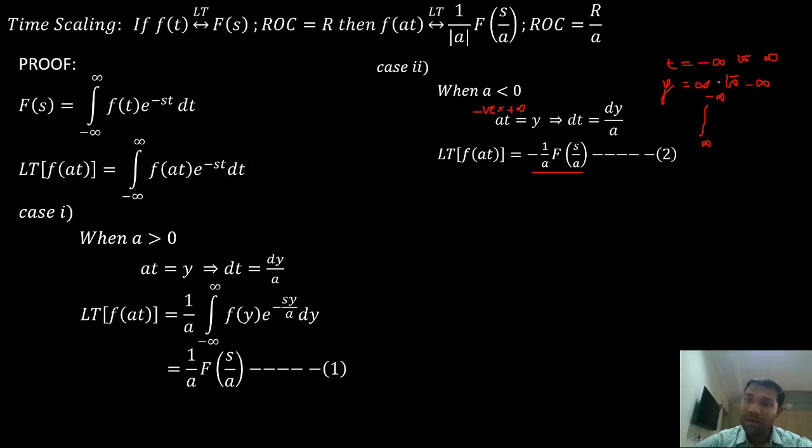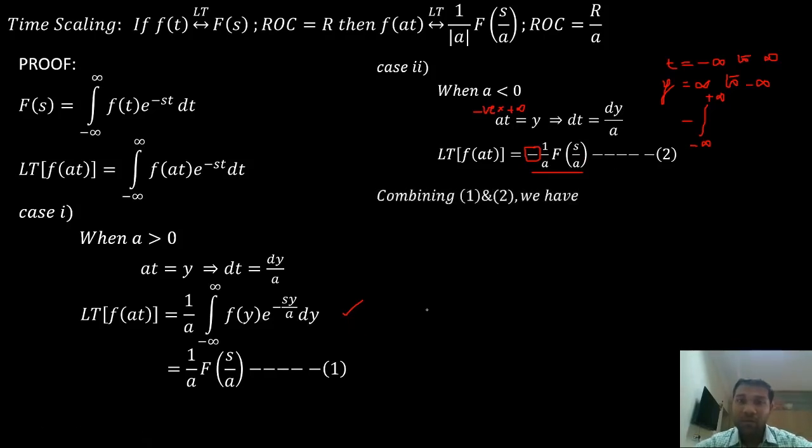Now I'll interchange my upper and lower limits, so I'll make this negative and make this positive. So I will introduce a negative sign. This negative sign is nothing but this, and the entire integral is similar to this integral. So I'll get 1 by a F of s divided by a.